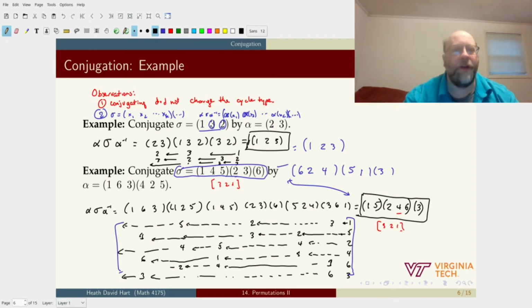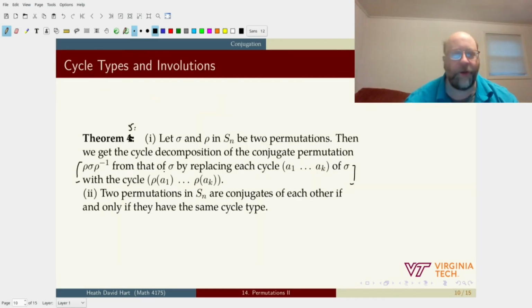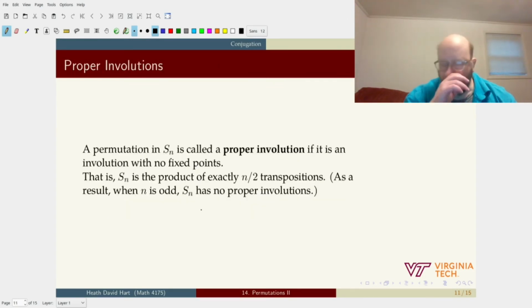I'm still using alpha and not rho here, but that's okay. Here they're using rhos, and I don't know why. But we're replacing every element in this thing. And then following up, 2 permutations are conjugates if and only if they have the same cycle type. It's not just that if they have the same cycle type, we have a permutation that'll conjugate it, but if and only if now.